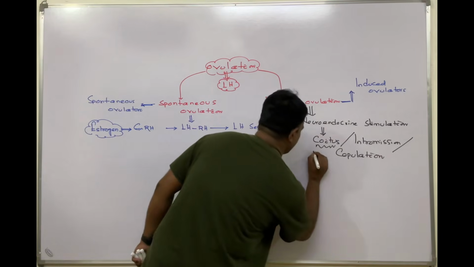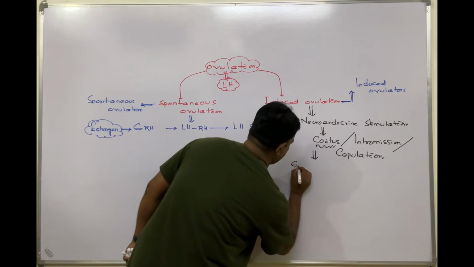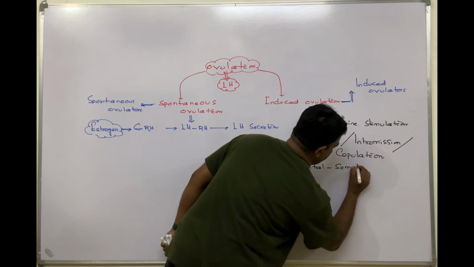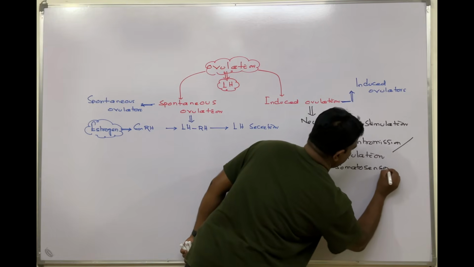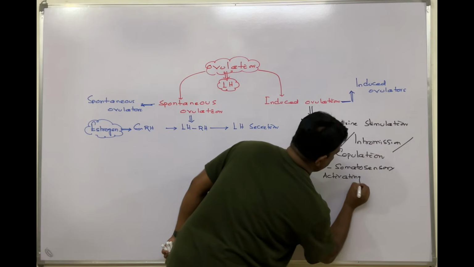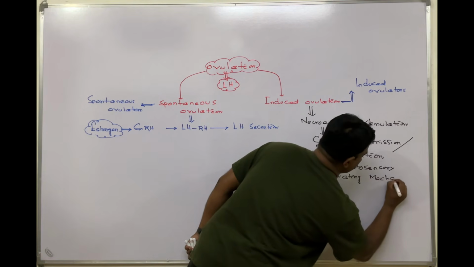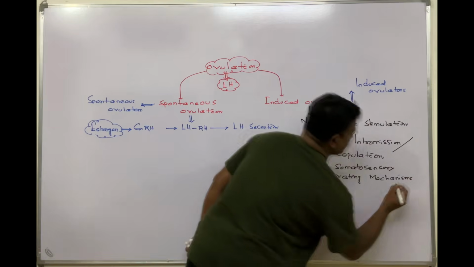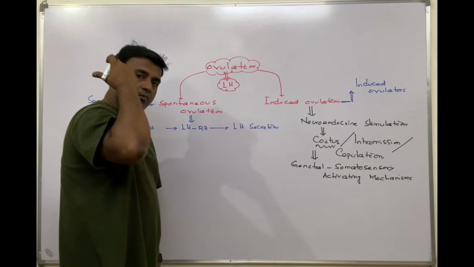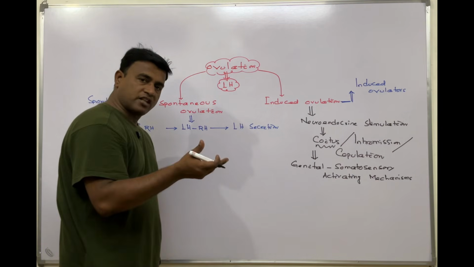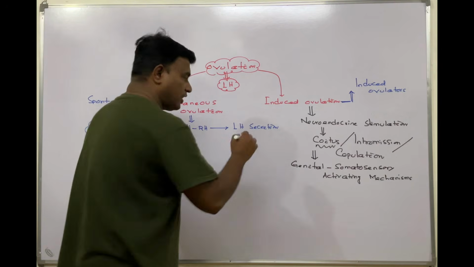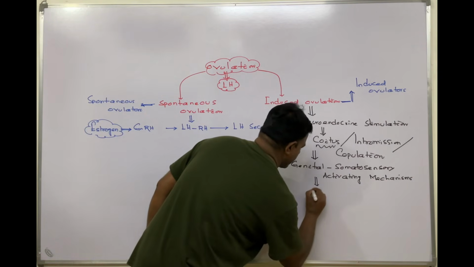Here is what happens during the time of coitus. This point is important: the genital somatosensory activating mechanisms, initiated at the level of the genital organs, will go via the spinal cord to the limbic system, to the arcuate nucleus, to the suprachiasmatic nucleus, to the median eminence, and thereafter this LH surge occurs.